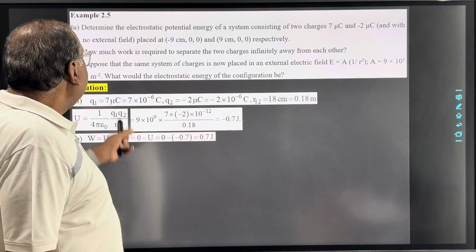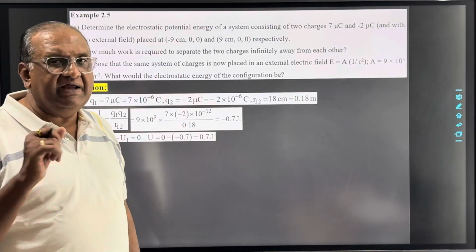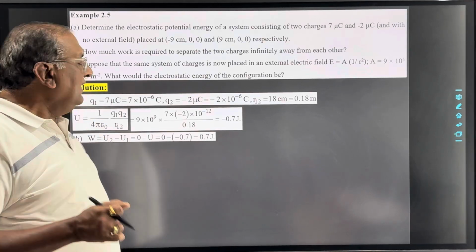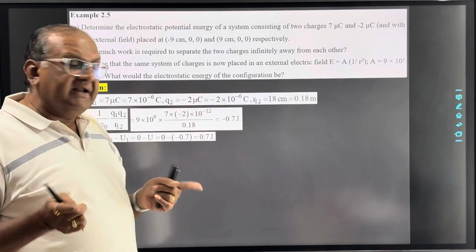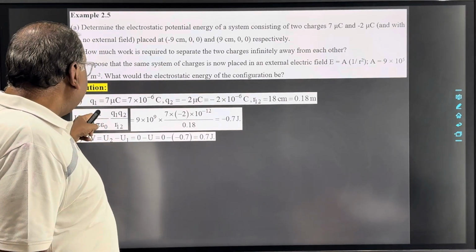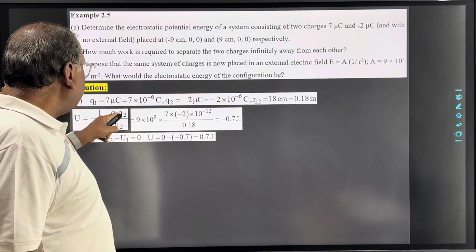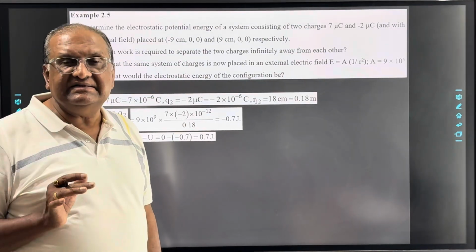And now, what is the electrostatic energy of the configuration that we have to calculate? Now, the potential energy due to the interaction between two charges, this 1 upon 4 pi epsilon 0 q1 q2 upon r12, that will remain as it is.